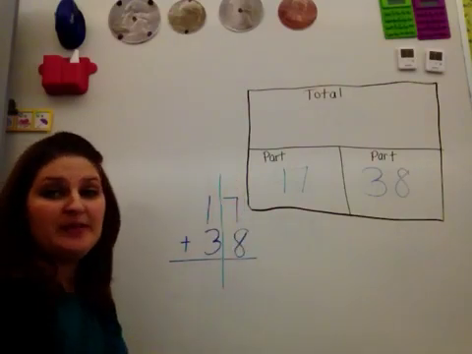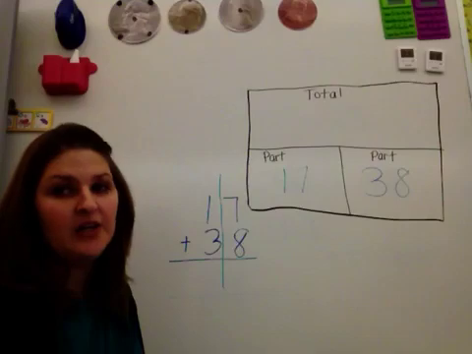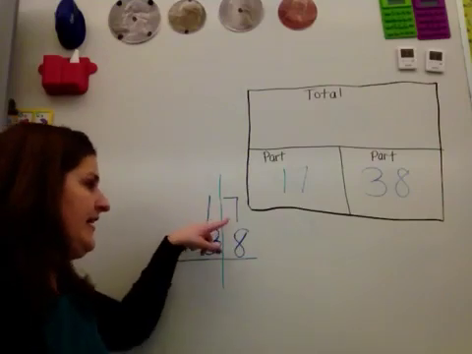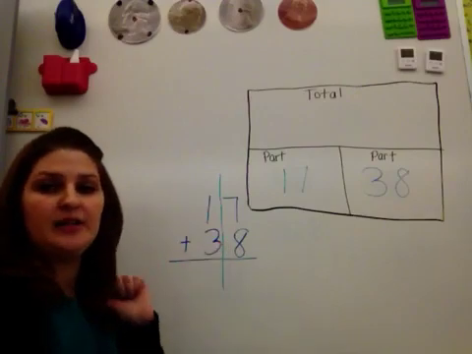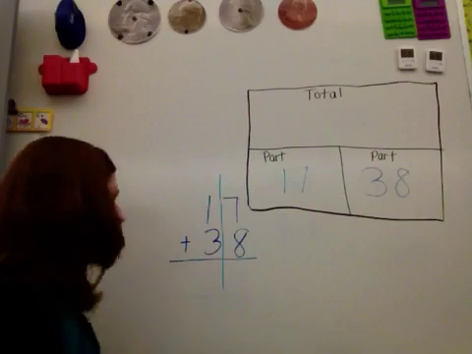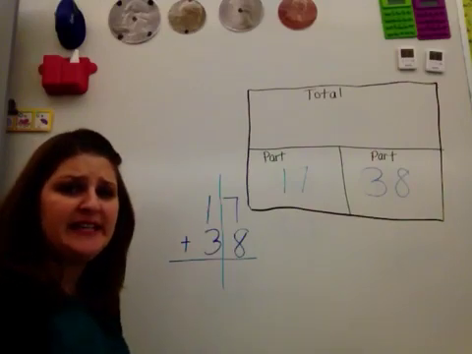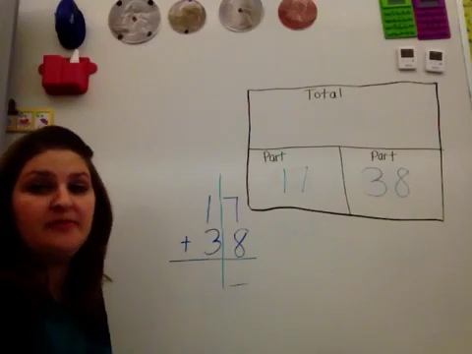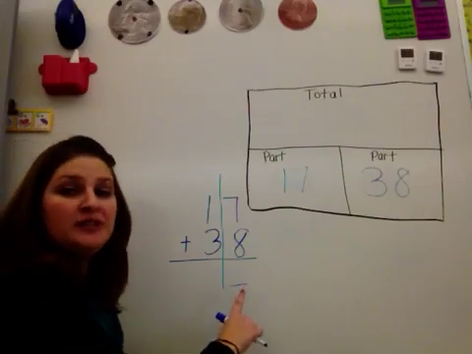Now, like we said before, we always start in the ones column. So our ones column is our 7 plus 8. So if you can figure that out, that equals 15. Now we only have one spot here, so we can't write 15 in this one spot.